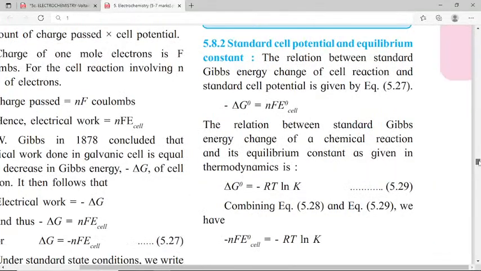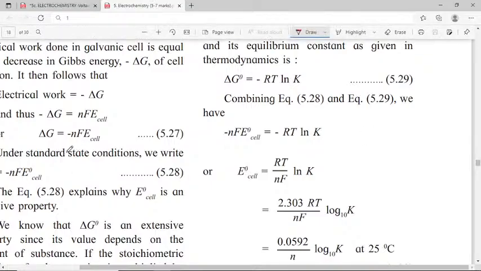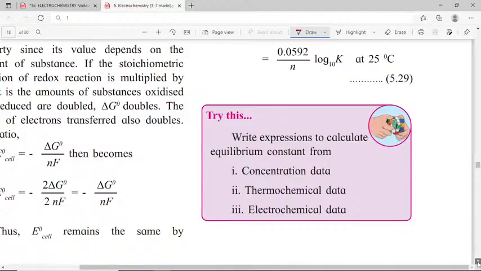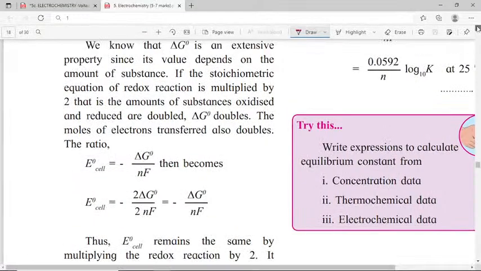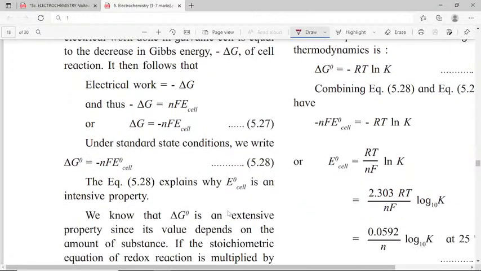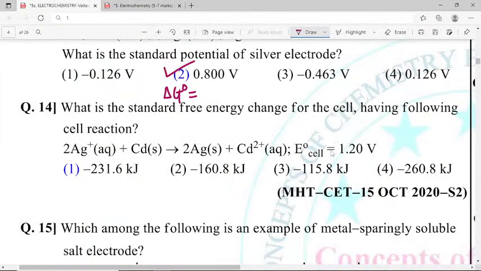E naught cell is the standard cell potential. So del G naught is equal to minus nF E naught cell. This is del G naught is equal to minus nF E naught cell.